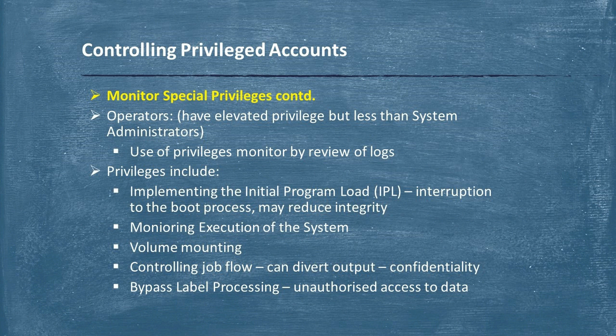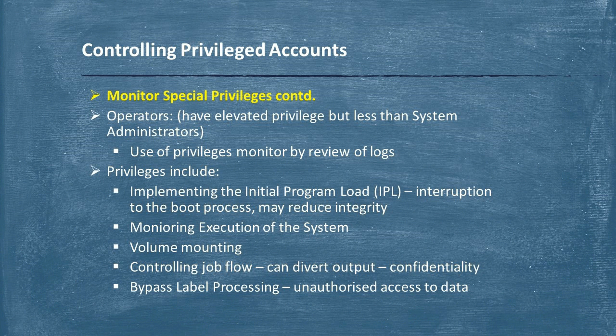And monitoring execution of the system, the operator monitors and mounts the volumes, controlling the job flow, which one will run first, which one will run after that. He has the privilege to change the priority of those jobs.